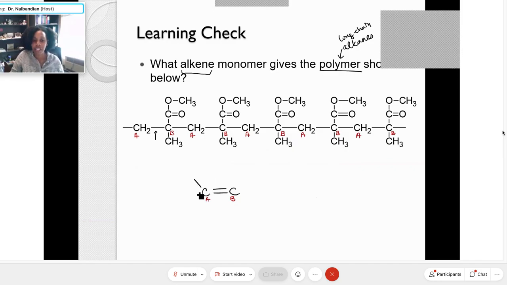Now, what's attached to these two carbons? That needs to stay attached. What's attached to A? A has 2 hydrogens, so I need to still have 2 hydrogens on A. What's attached to B? Well, B has a methyl, and B also has this ester.